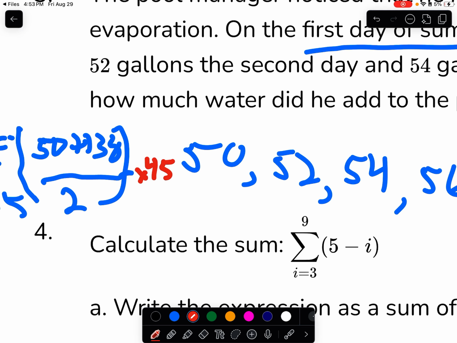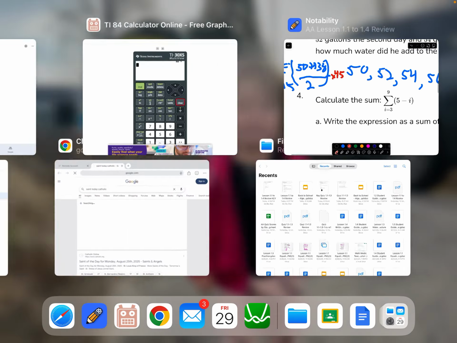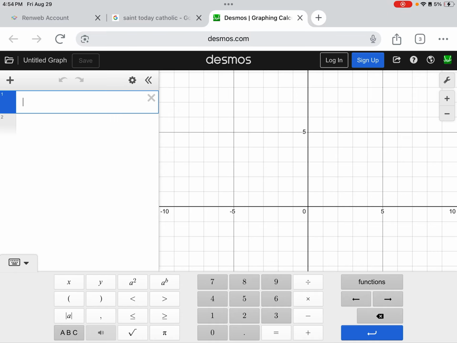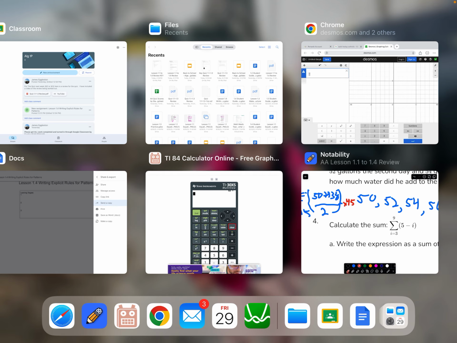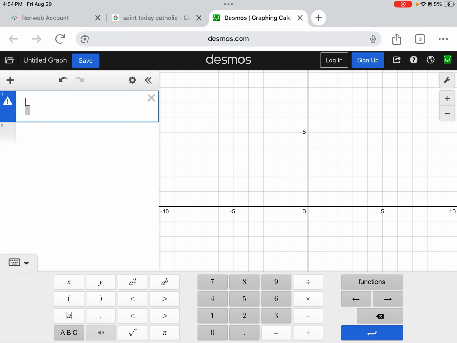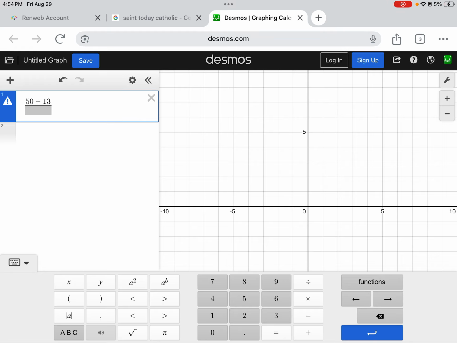So now use your handy dandy calculator. I will use Desmos because I'm comfortable with it. And you can't use this on the test. We are going to take the first term, which is 50 plus 138. Be nice if I typed it in right.